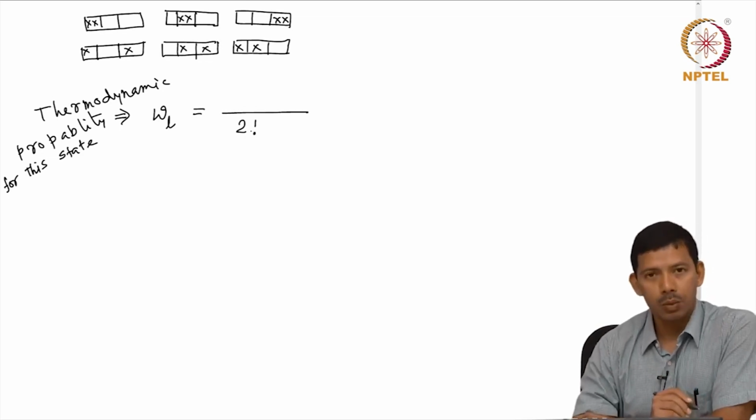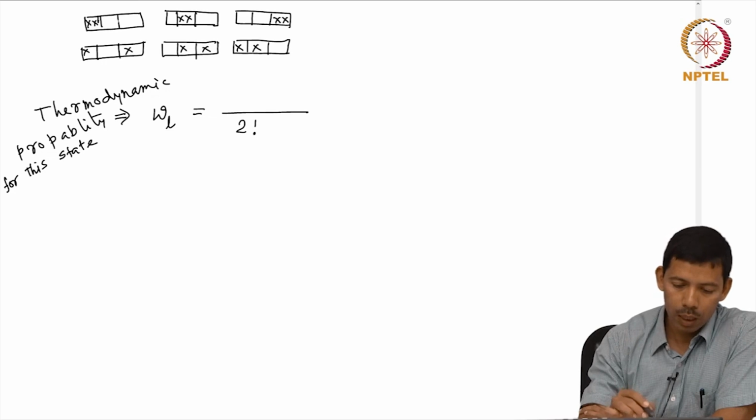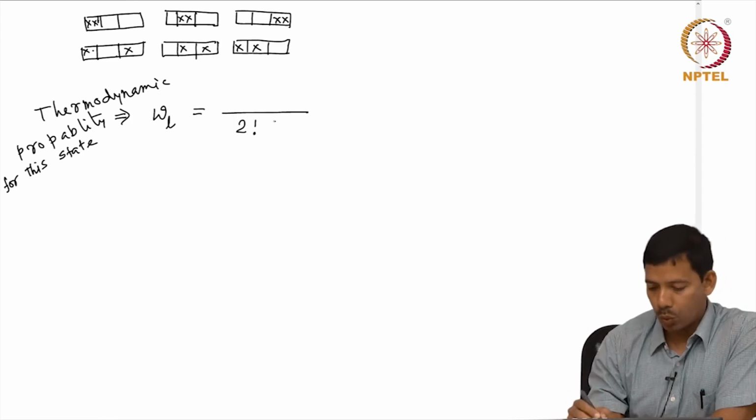How many partitions did we have? We had 3-fold degeneracy, and for the 3-fold degeneracy we had to give 2 partitions, 1 partition here, 1 partition there. So we write 2 factorial, and at the top we write this plus this, 2 plus 2 factorial.